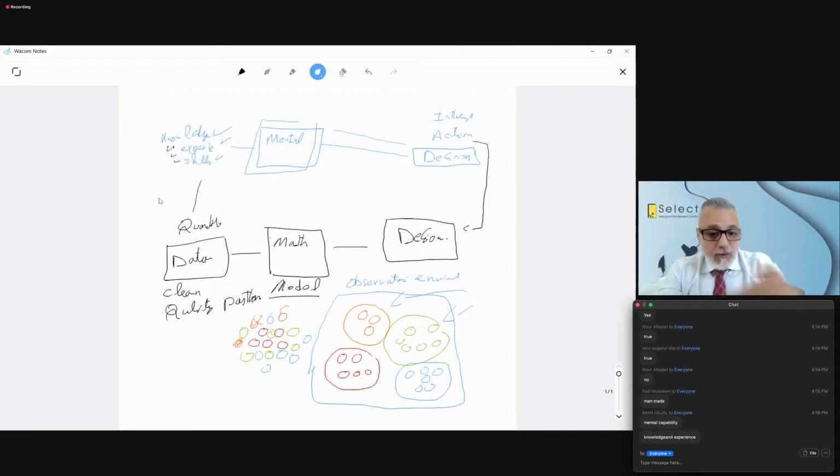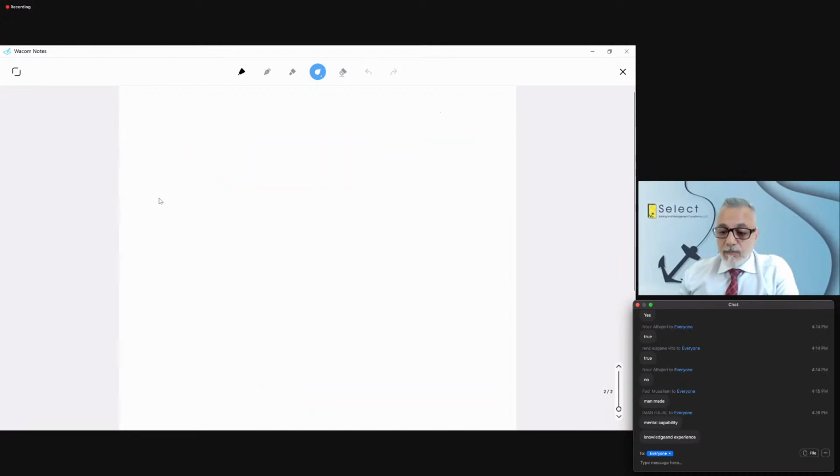Now, within the whole process, first we need data collection. Collecting the data. And after that, you need to clean the data, or data mining, and then choose the appropriate model.